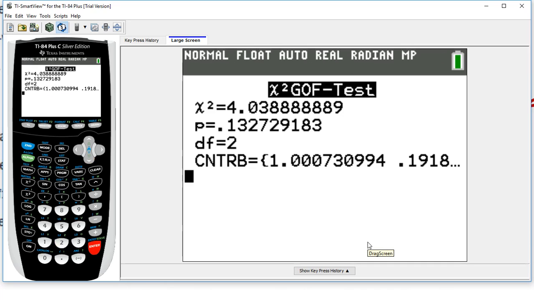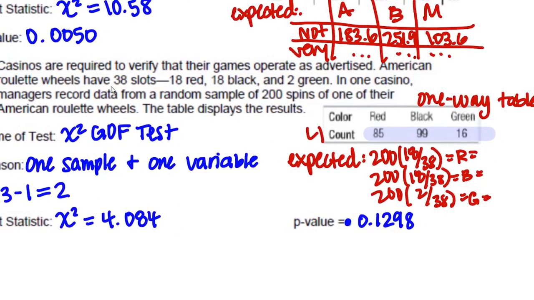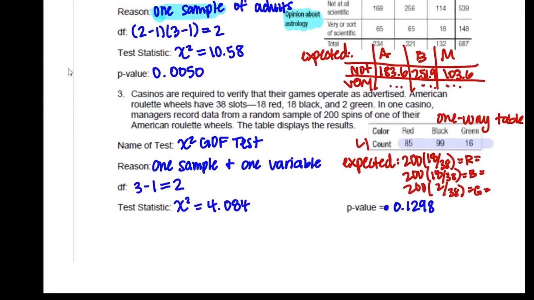So that's where all those numbers came from. And the components of the chi-squared test are the observed minus expected squared over expected for each one. We can fill those in later too, the rest of the expected.